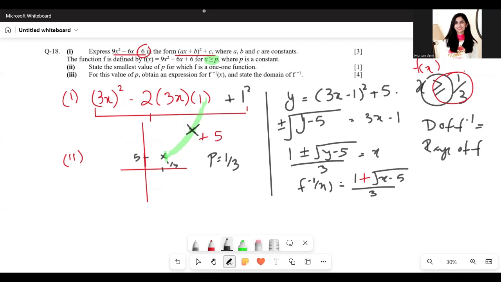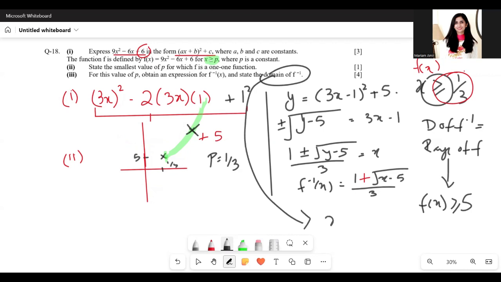So the range of f is f(x) greater than or equal to 5. So the domain of f inverse of x is going to be the same. It's going to be greater than or equal to 5, because the domain of f inverse is equal to the range of f.